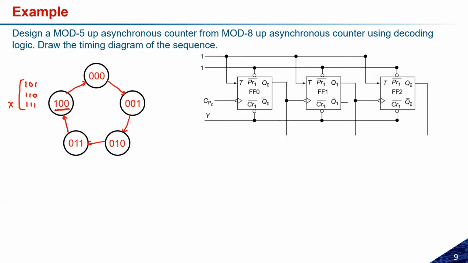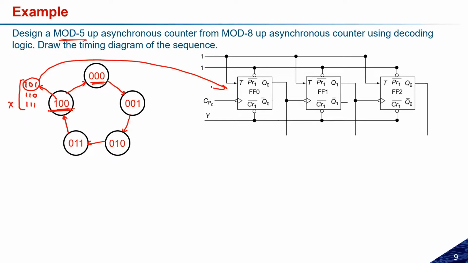What is our objective? Mod 5 counter means that once it reaches 100, the next state should be 000. But if there is no clear, the next state would be 101. Because I want to make it a mod 5 counter, the next state should be 000. So when 101 comes, it should clear this counter.